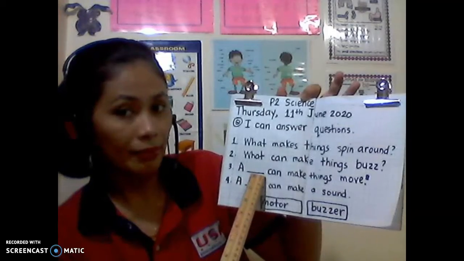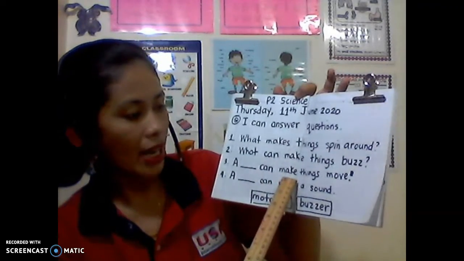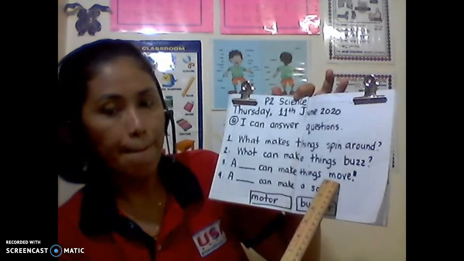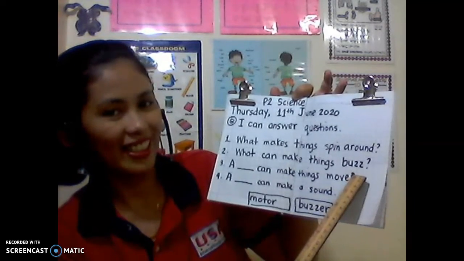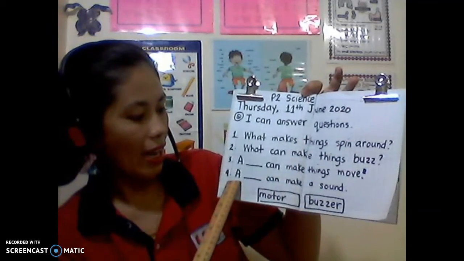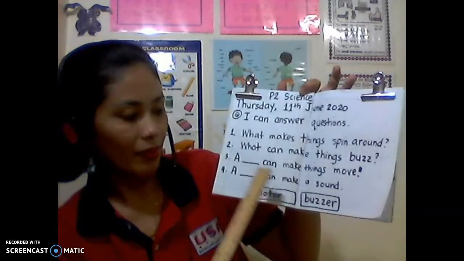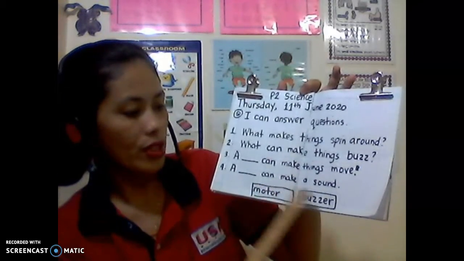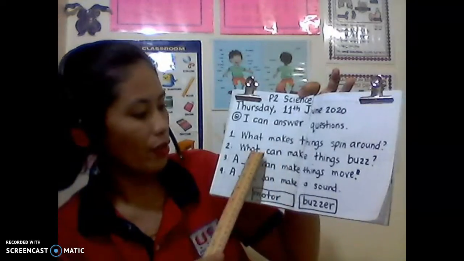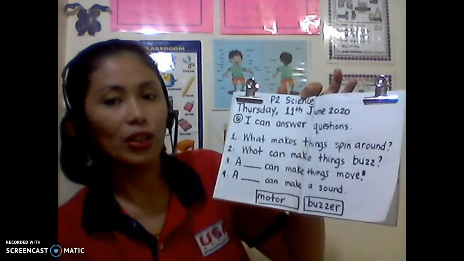A can make things move. I put a question, but I erased it. A can make a sound. So you can use these 2 words to answer these 4 questions.